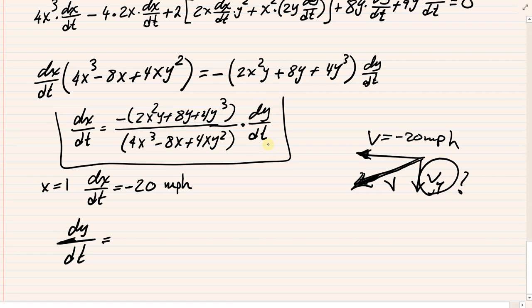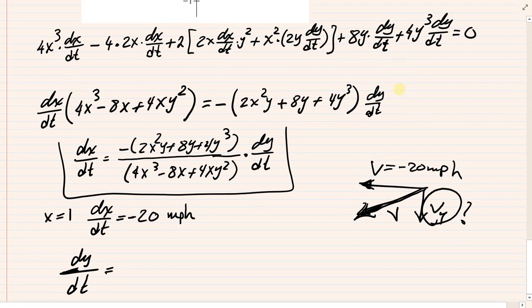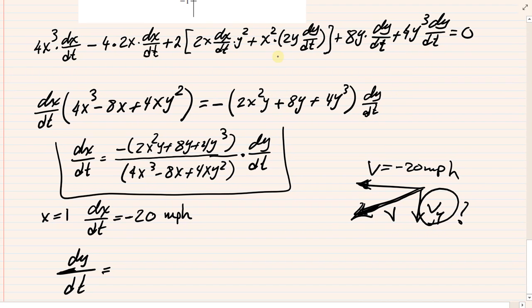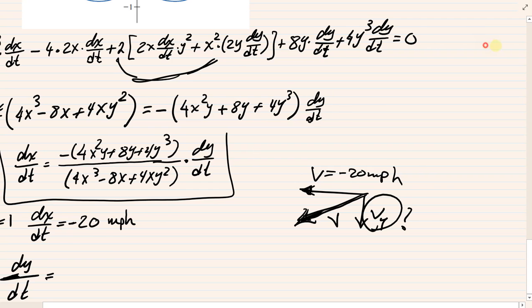For this one, when x is 1, and actually here I just realized for dy/dt, there is a 2 on the outside here that distributes to this. So this is going to be 4. I know, probably some of you caught that one. Okay, now it looks better.